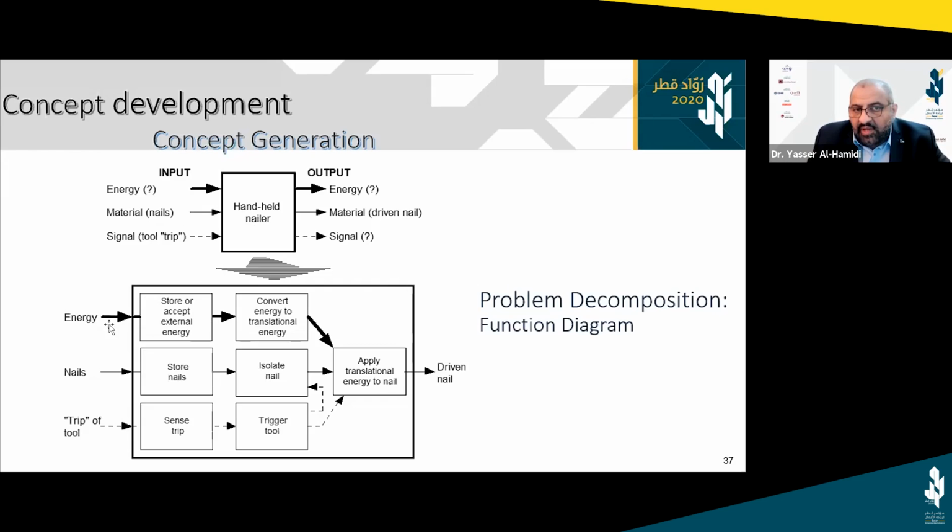As you can see, by following the functional decomposition, the energy is what the handheld nailer requires to operate, and sometimes you need to convert this energy to translational energy. Then the material is basically the nails, and the signal here is the trip of the tool.